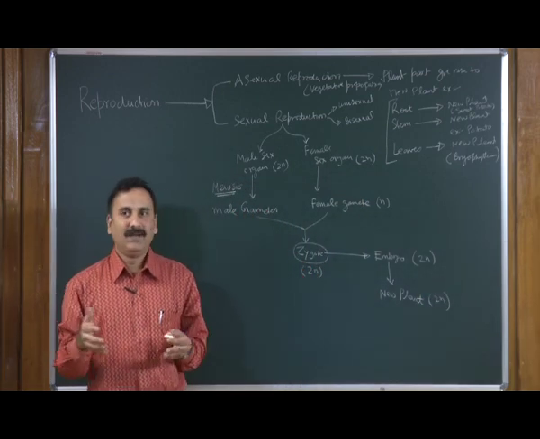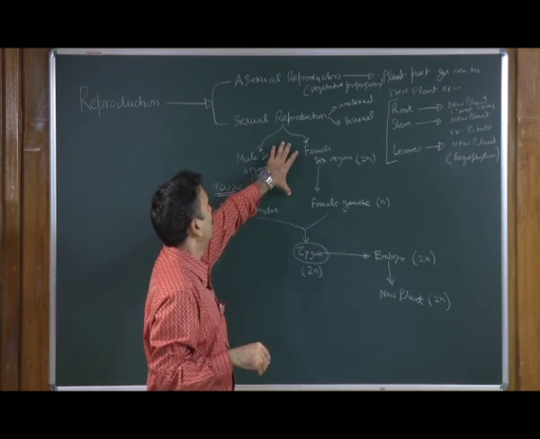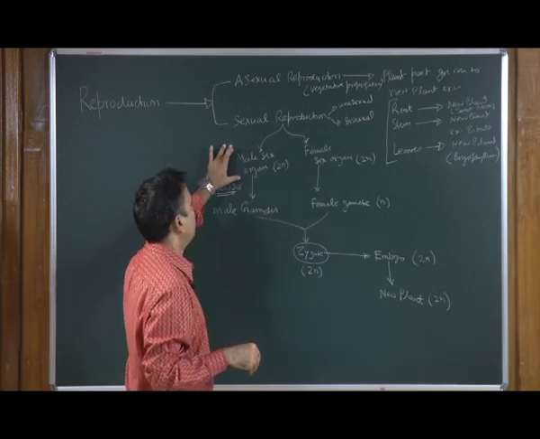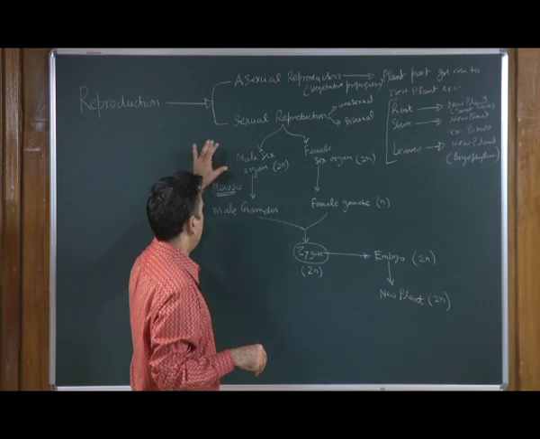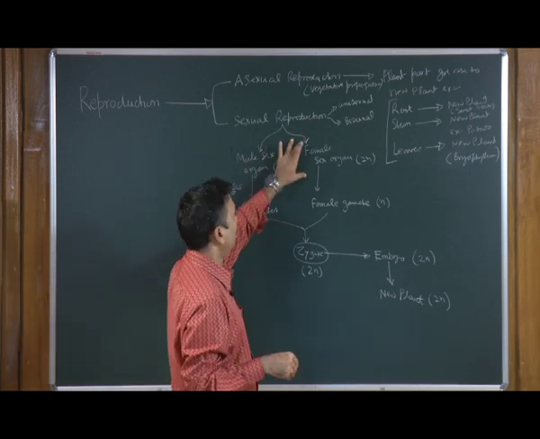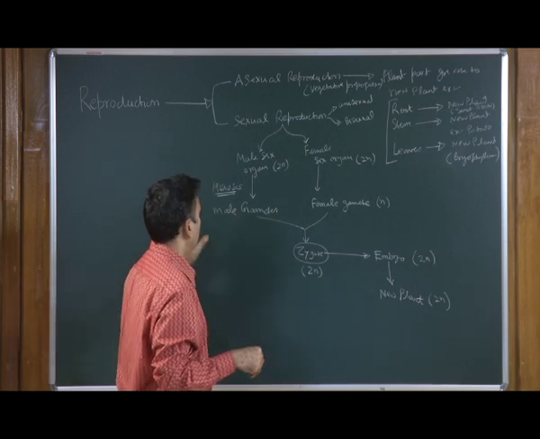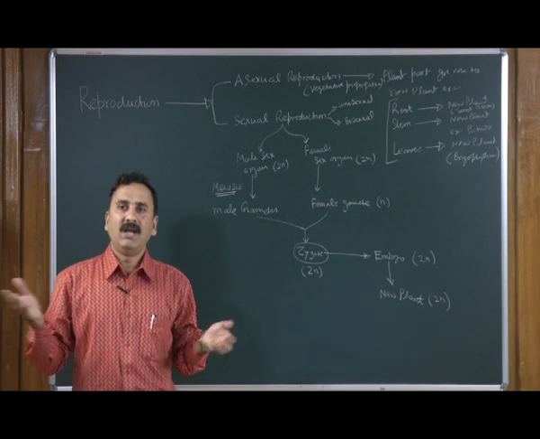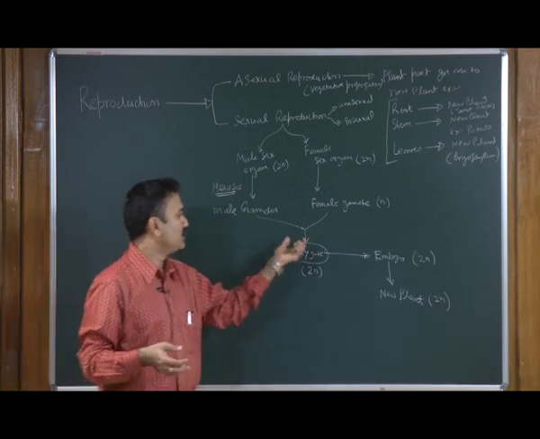So, what you can see is that in this kind of sexual reproduction mode, first of all you need very specialized organs, one the male sex organ, the other the female sex organ. The male sex organ produces the male gametes, the female sex organ produces the female gametes, and then these two gametes fuse.